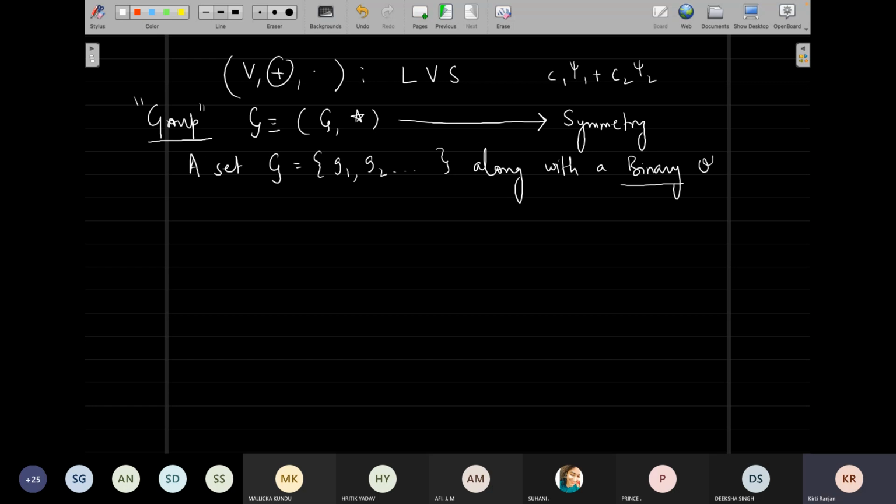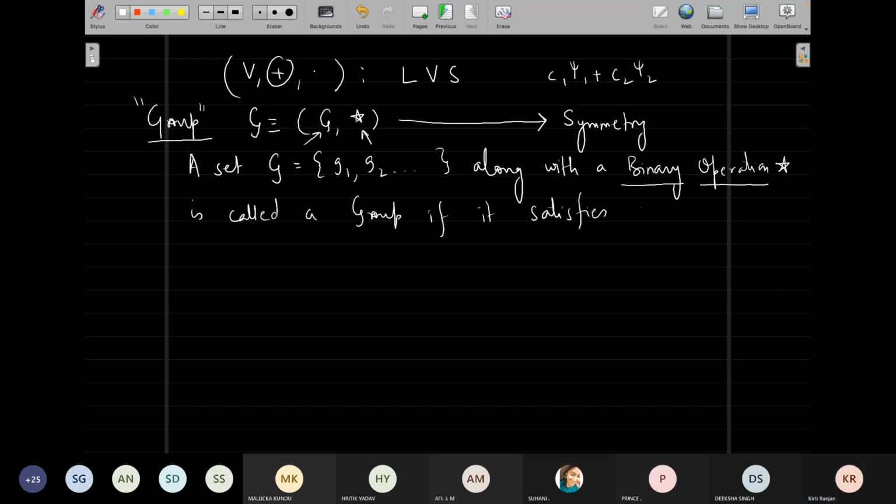So this is the binary operation and this is a set. This is called a group if it satisfies the following 4 axioms.